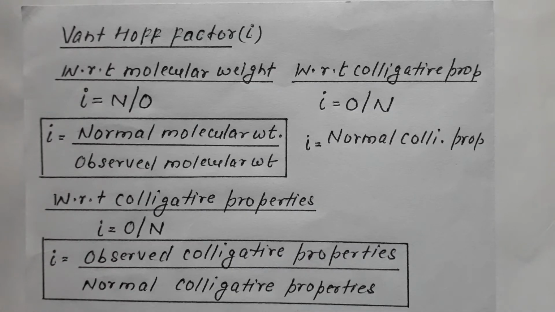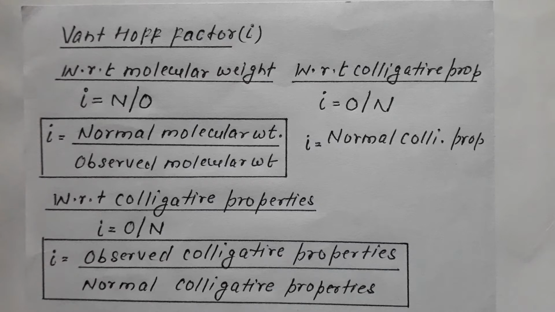So let us discuss Van 't Hoff factor once again. Now we know that if the substance being used as solute in the solution undergoes dissociation or association, then the number of particles in the system is going to change.